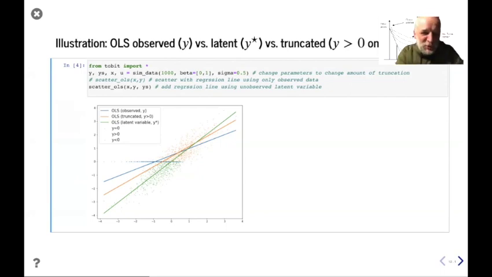Here I'm adding all the censored values to this plot. That is what would happen had I observed y star, the underlying value, and regressed that on the explanatory variable x.